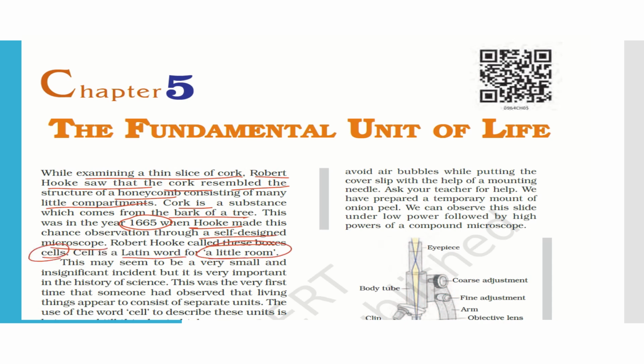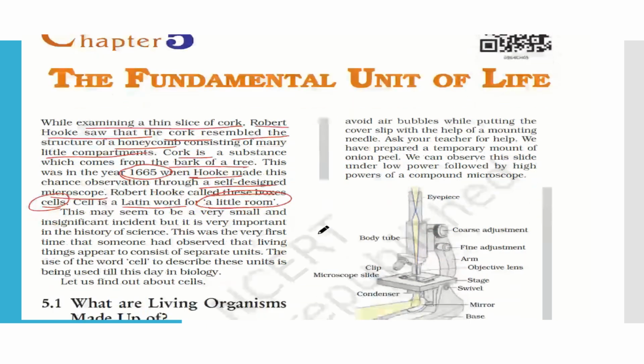Cell is a Latin word for a little room. So what does this word cell mean? It means a little room. Is it clear? Robert Hooke saw that in this cork there are honeycomb-like structures with small compartments inside, and he called these compartments cells. Now this may seem a very small and insignificant incident, but it is very important in the history of science.